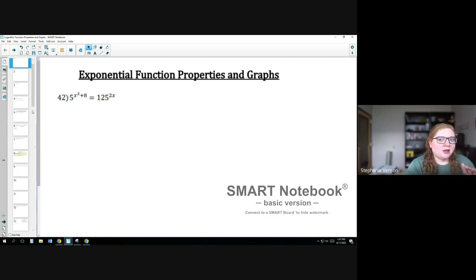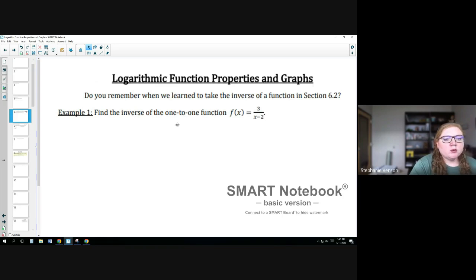On Thursday before spring break, we were supposed to do this lesson, logarithmic function properties and graphs. And then after spring break, the Tuesday that we come back to Math 161, we're supposed to, according to the schedule, do the lesson entitled Properties of Logarithms.